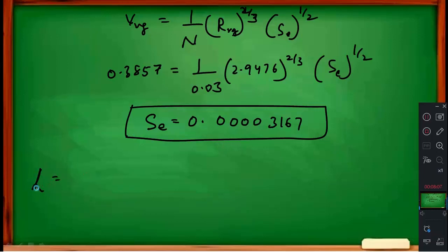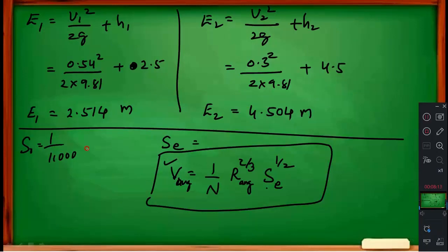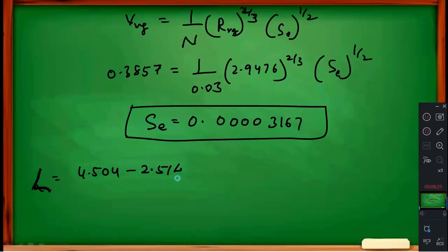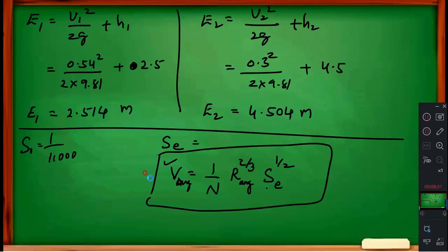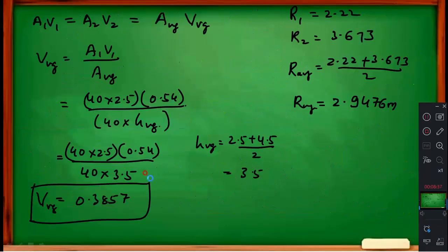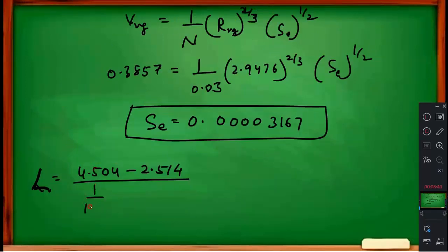Now what you want? L is equal to E2 minus E1, divided by S0 minus SE. E2 is 4.504 minus E1 2.514, divided by S0, which is 1 by 11,000, minus 0.00003167.